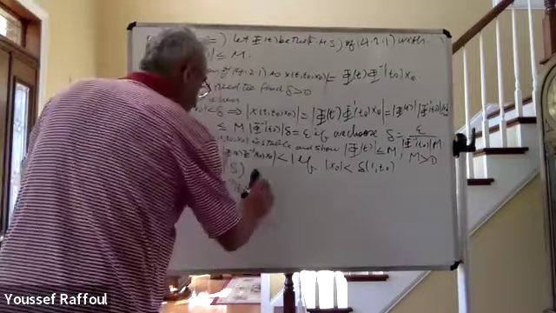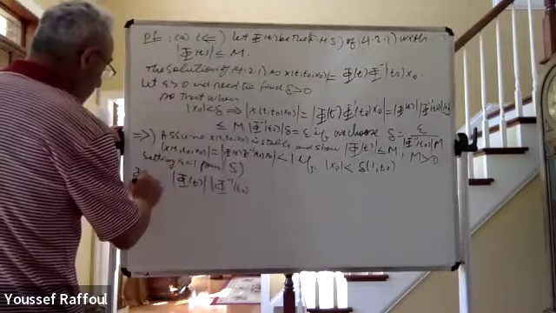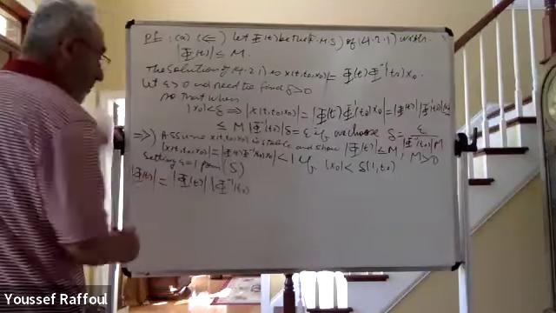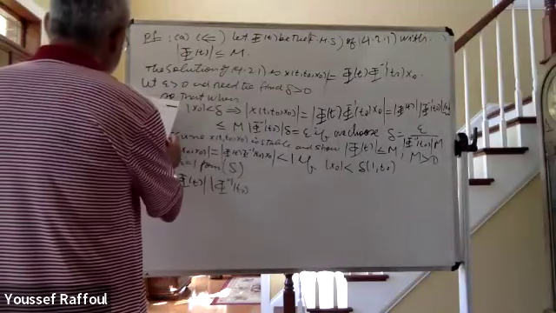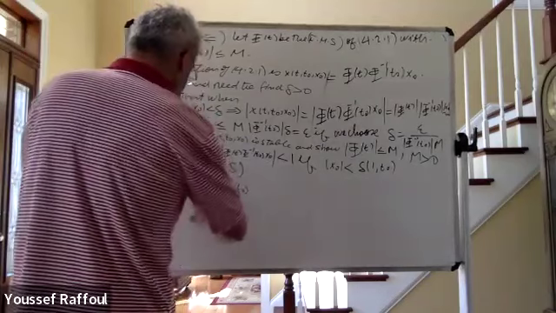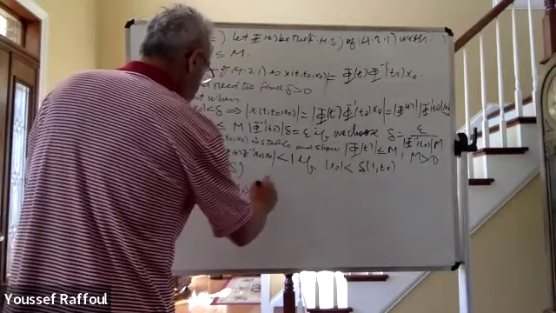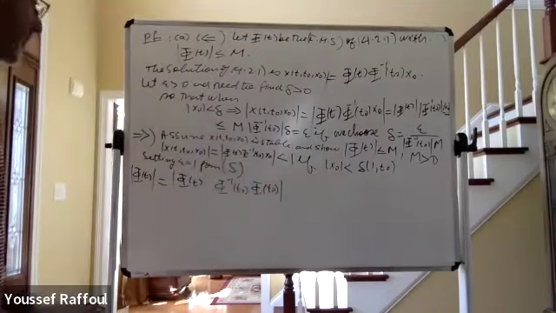okay, so let me rephrase this a little bit. So phi(t) equals phi(t) phi inverse of t naught phi(t naught). I can write it like that, correct?